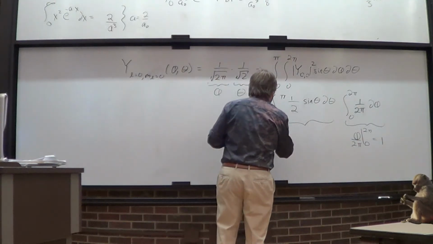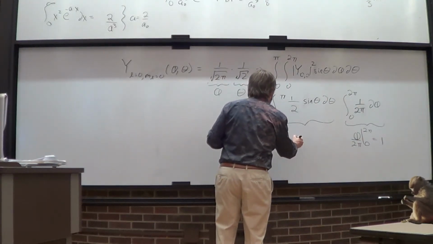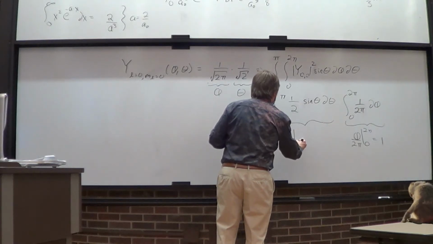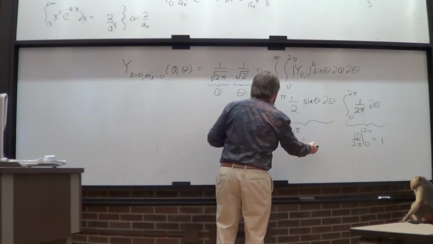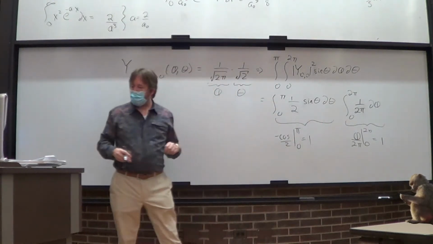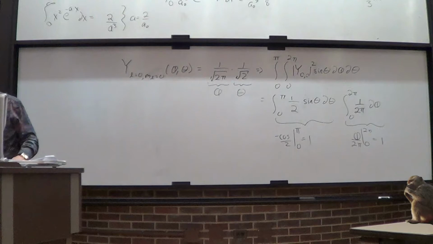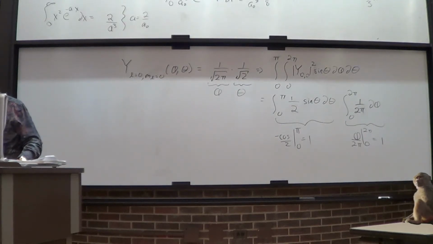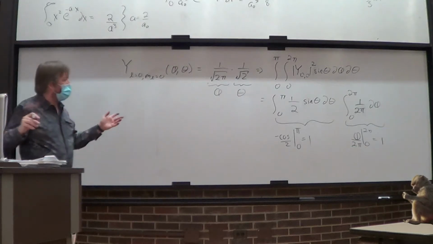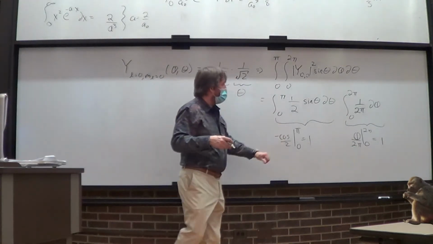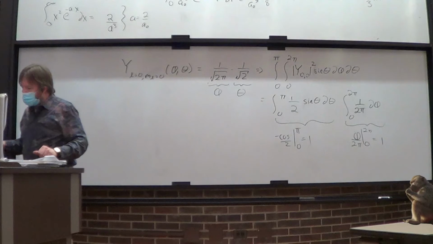And this ends up being minus cos over 2, 0 to pi, and I'm pretty sure that's 1. In fact, I think I have the identity, but I have it as 2. Oh, yeah. Yeah, no, that's right, I have it. That's correct.